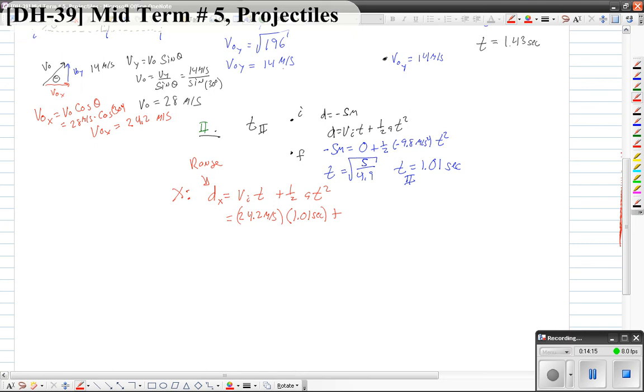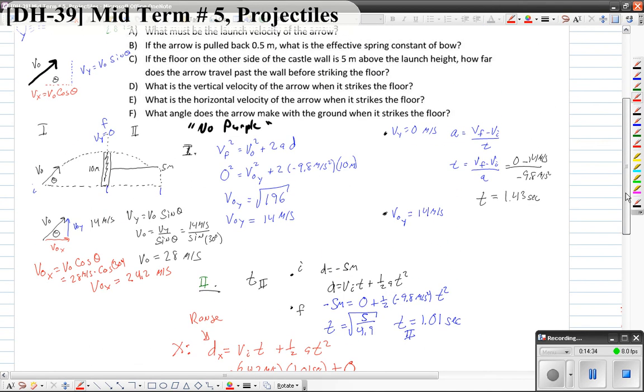You don't want to make purple. So this is actually +0. And when you multiply those together, you should get essentially 24.4 meters. That is how far the arrow travels past the wall.